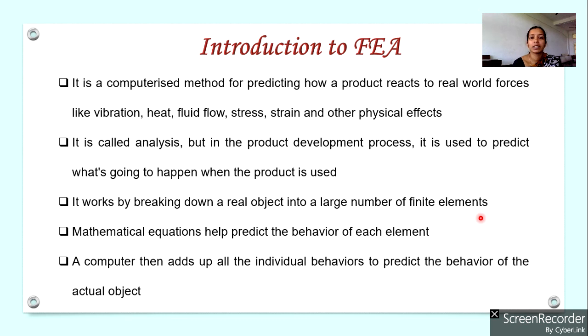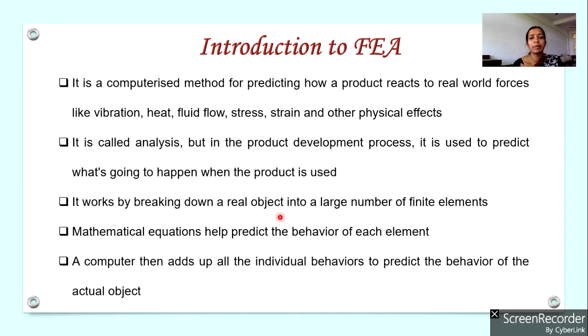So this process of breaking down a component into a number of elements is known as discretization or meshing. Then that system as a whole. If we are considering an object, the object as a whole may be a complex structure.